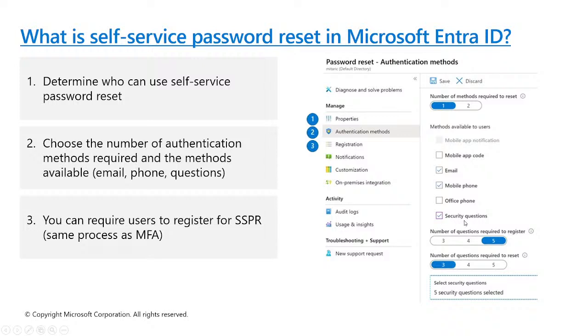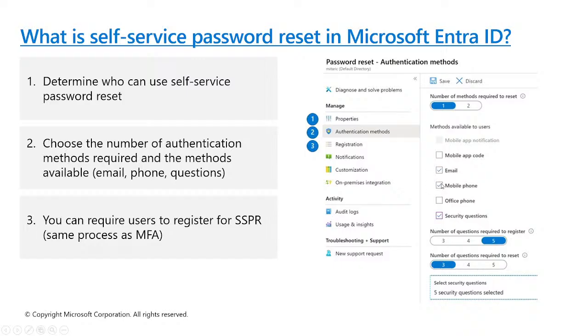If you select security questions, you need to register 5 questions, but you need to answer just 3 questions correctly out of the 5, and that's what you can see here. You understand?